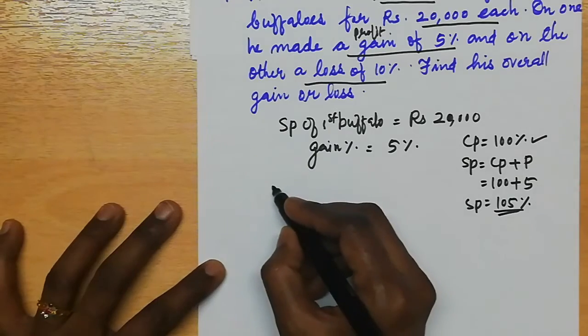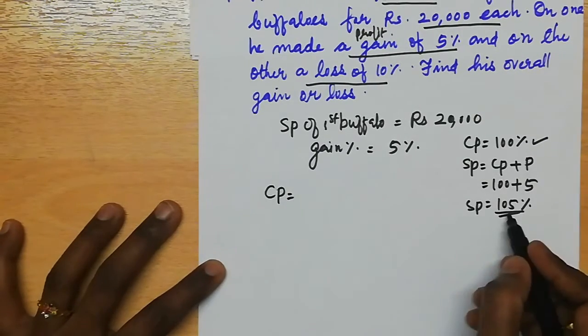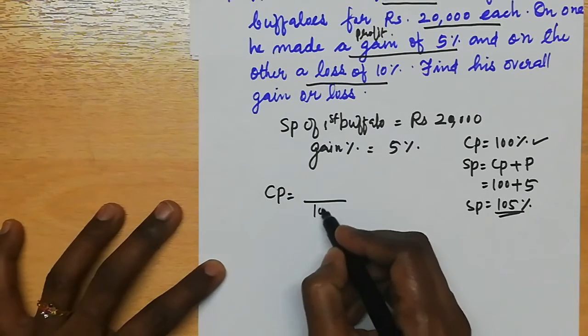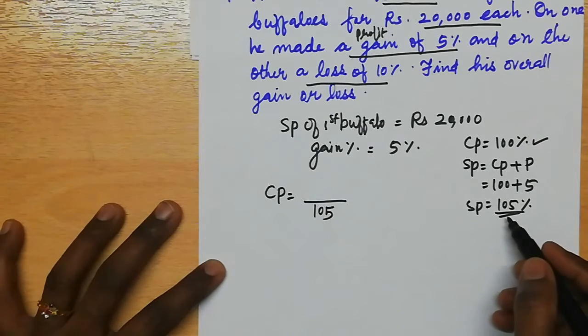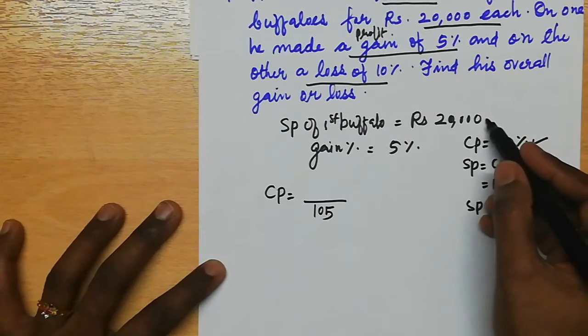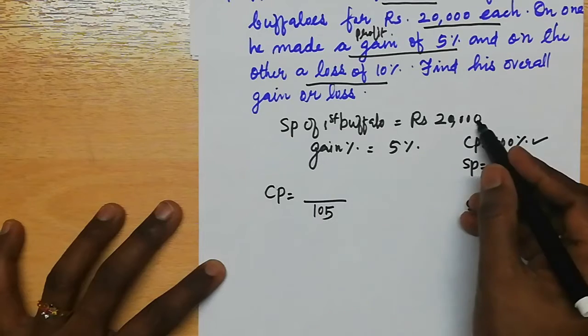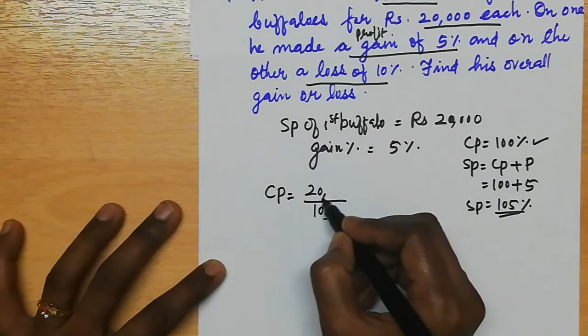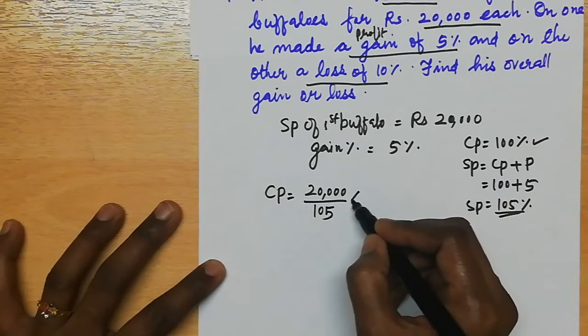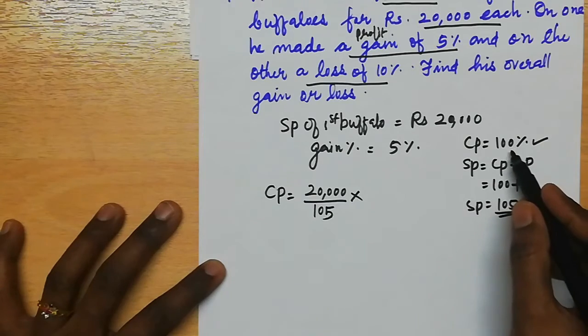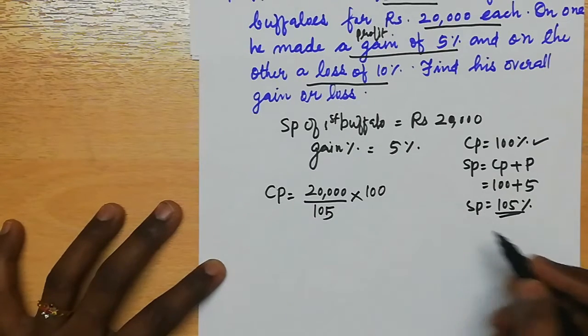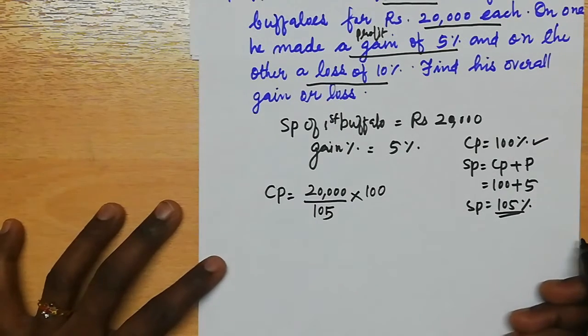Now we have to find the cost price. How to find the cost price? Here 105 is the selling price, and it is given as 20,000. We have to find the cost price, which is 100%. Clear? Otherwise we can write the equation like that.